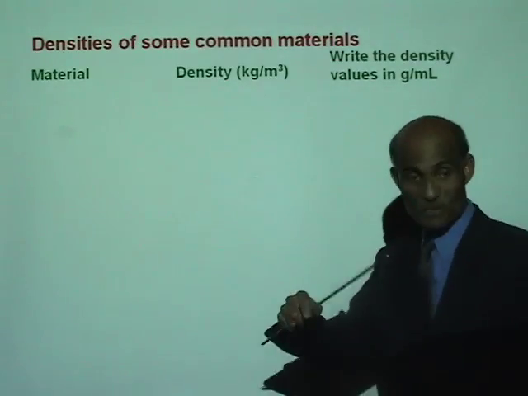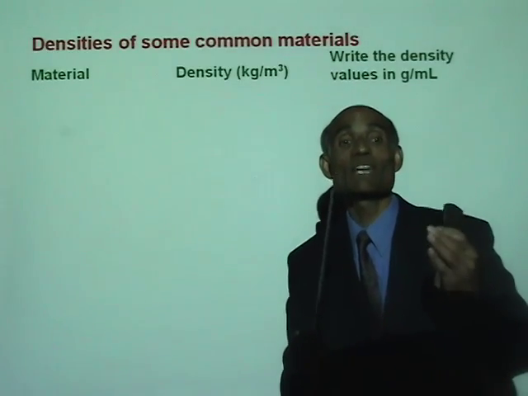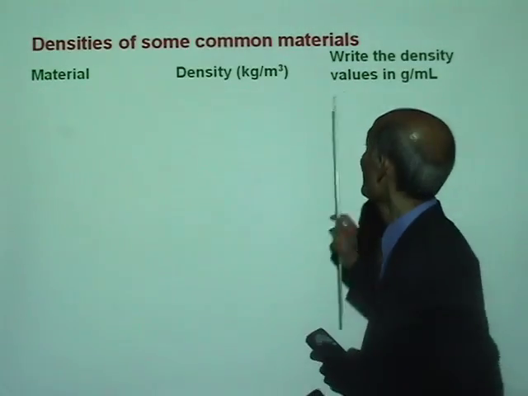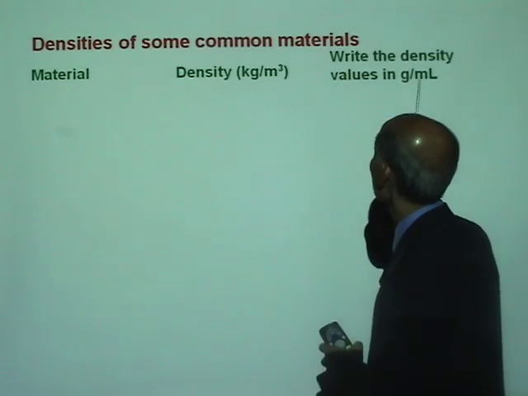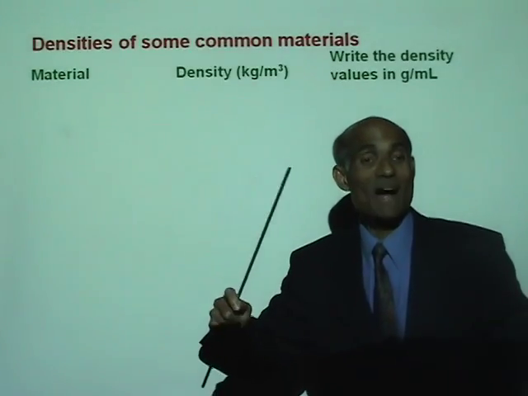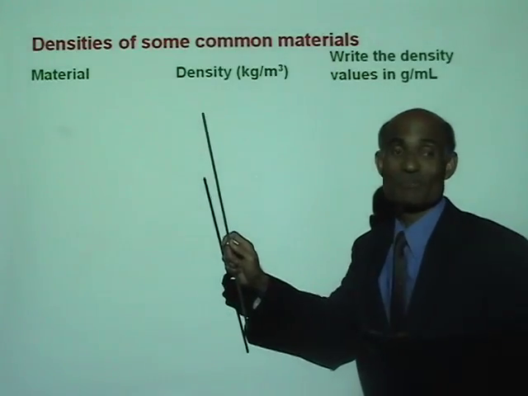Conversely, in the previous slide, I wanted you to write the density in kilogram per meter cube. If you have the density in gram per milliliter, multiply it by 1000, it will become kilogram per meter cube.